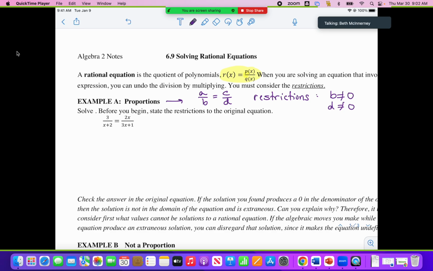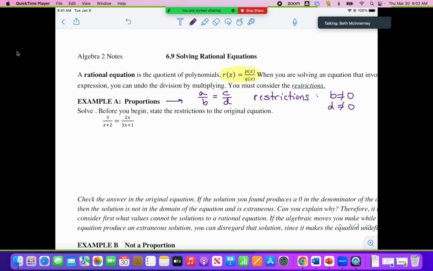So in order to solve it, you're going to cross multiply, but before you do, you need to check your restrictions.